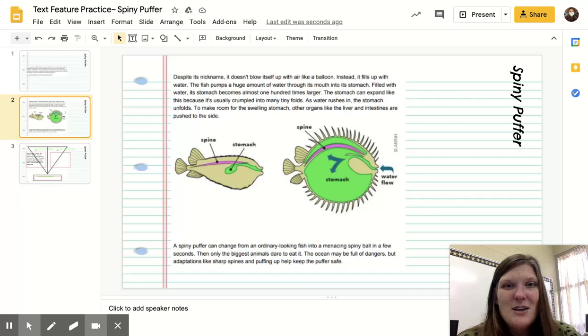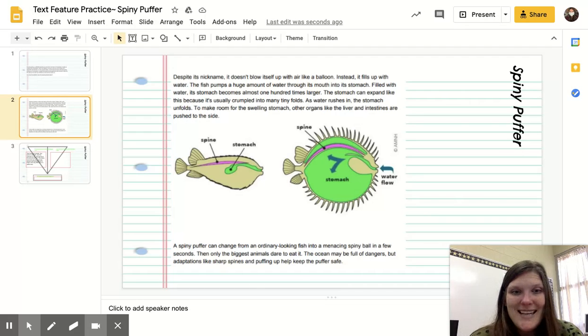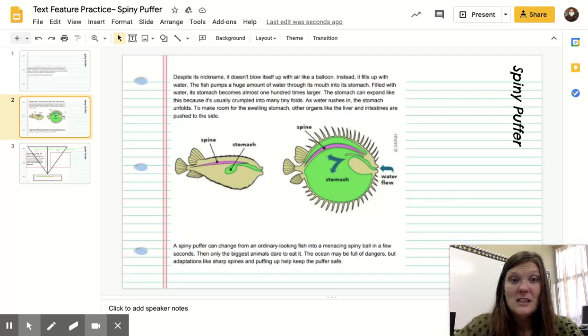Other organs like the liver and intestines are pushed to the side. A spiny puffer can change from an ordinary-looking fish into a menacing, spiny ball in a few seconds. Menacing. That is a very interesting word, and I know that it probably means scary or dangerous, right? Then only the biggest animals dare to eat it. The ocean may be full of dangers, but adaptations like sharp spines and puffing up help keep the puffers safe.